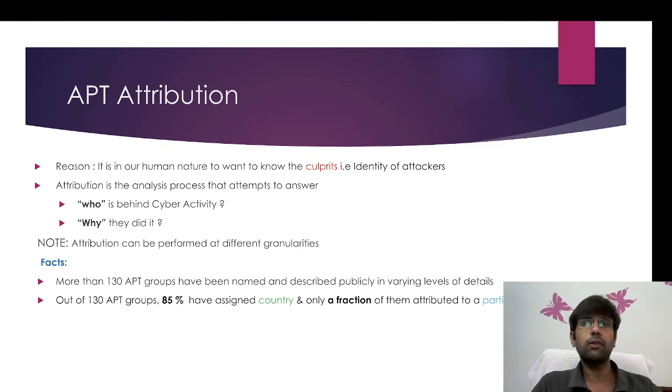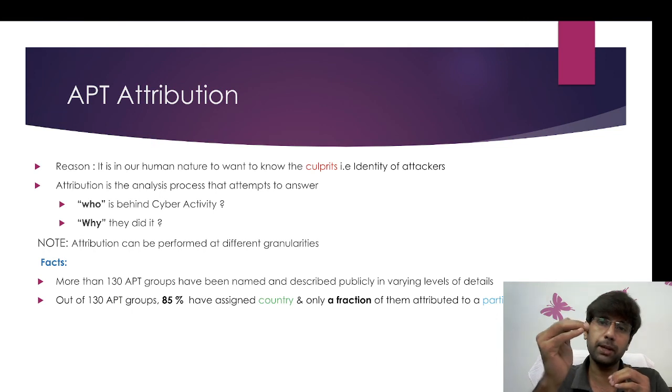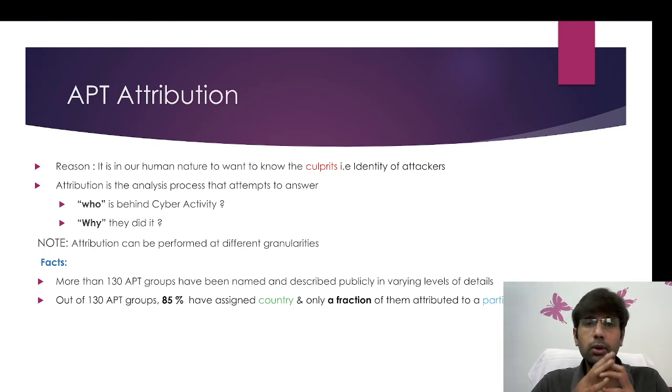Out of these 130 groups, only 85 percent of groups are assigned to a particular country. The attribution process stopped at identifying the country, and only a small fraction of APT groups went very deep, and they were able to pinpoint the particular organization and the particular persons behind that threat activity as well.